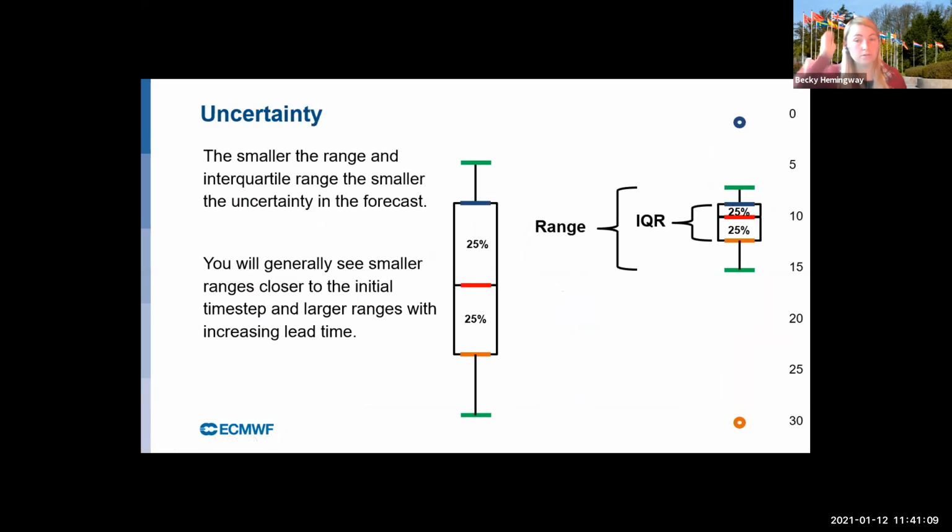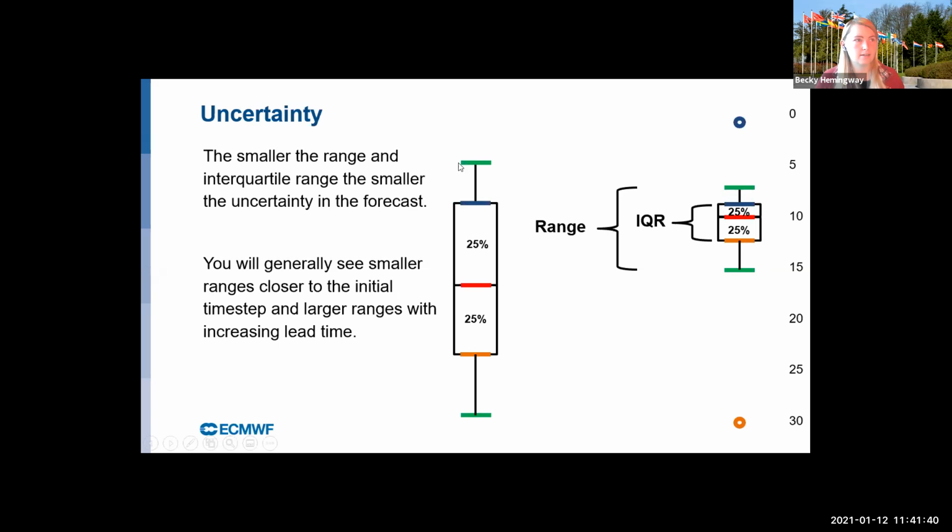So we can be more confident that the forecast is going to be within those bounds. So if you take, for example, again, we've got a scale on the right. In this example, the value is more likely to be within these bounds, so between 8 and 15, than it is if you see a meteogram or a box plot looking like this.